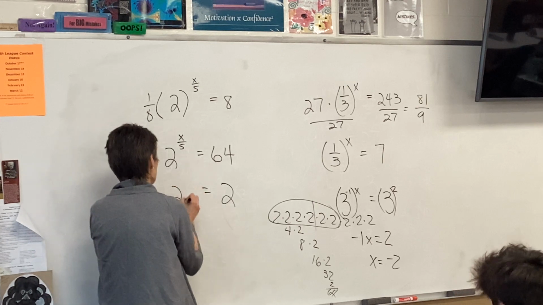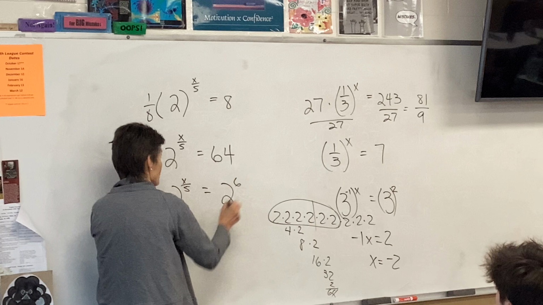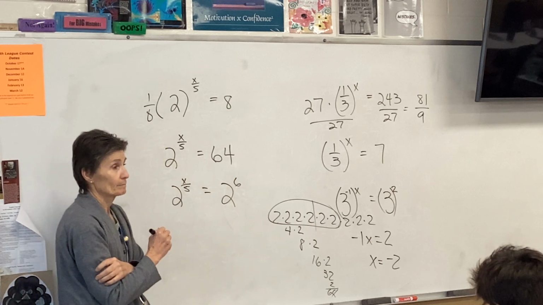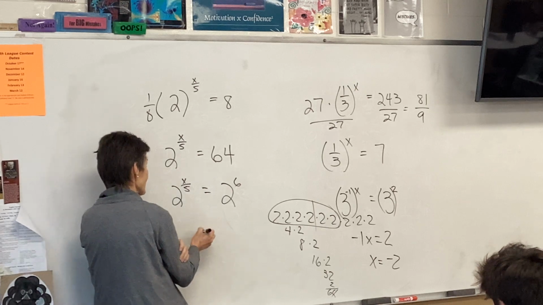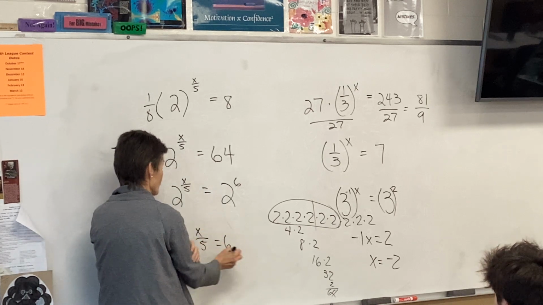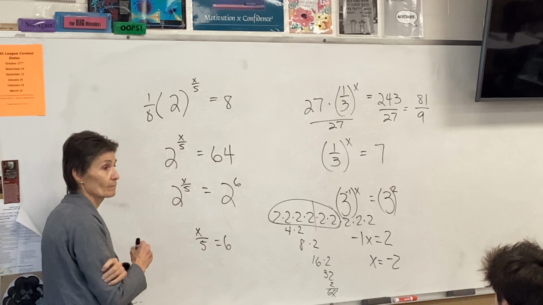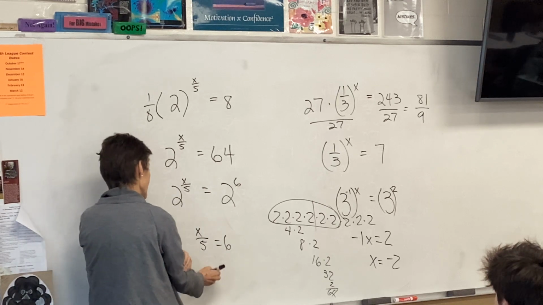So 2 to the x over 5 equals 2 to the 6th. Which means that x over 5 has to equal 6. Which means x must equal.